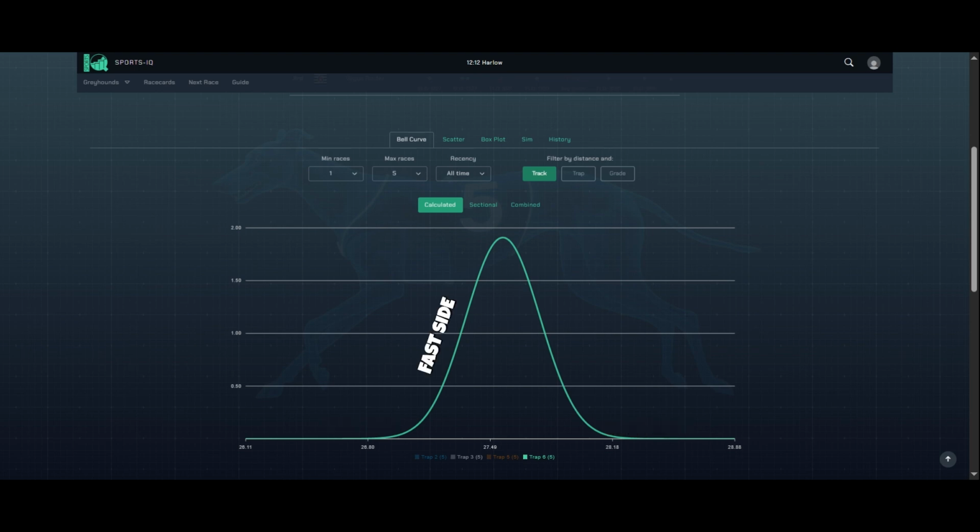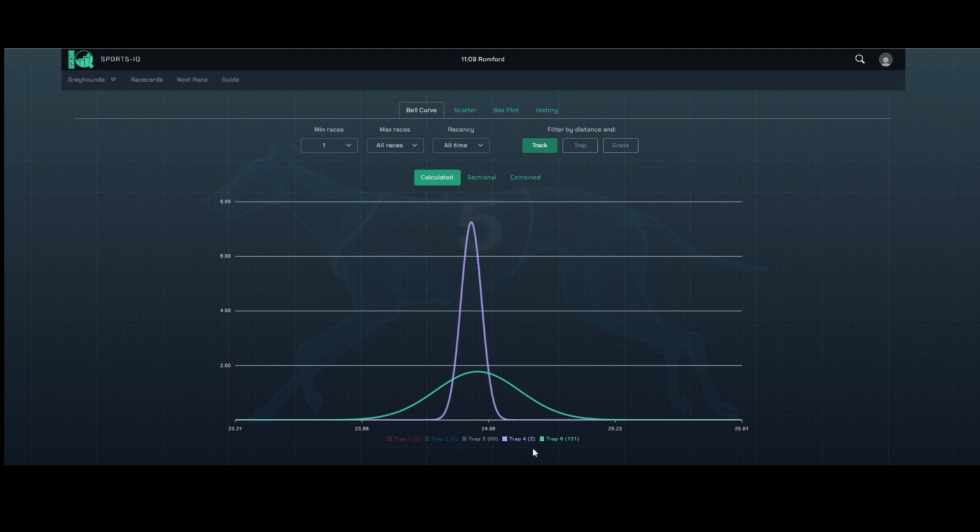Now the fast side is always on the left, and as it slopes up from that fast tail, that is the fast side of the bell, and equally on the opposite side is the slow side of the bell. At the very top of that peak is the average or the mean, and that is the peak of the bell curve.